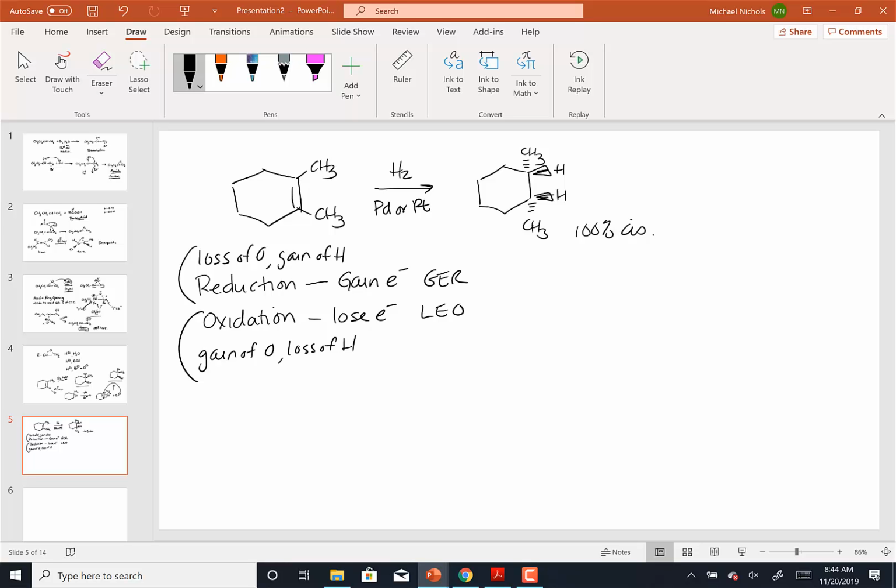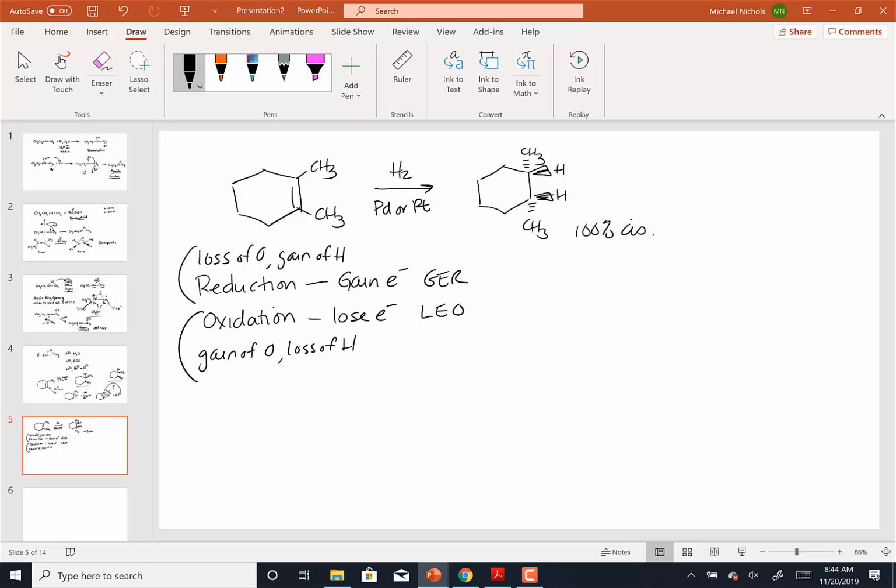But you can start ahead of time if you'd like. If I'm making a table of all these reactions of what am I adding, Markovnikov, anti-Markovnikov, and then stereochemistry, this one would be 2 H's, neither Markovnikov, anti-Markovnikov, 100% cis. And so I know in this case that my reaction is going to be add the 2 hydrogens 100% cis.